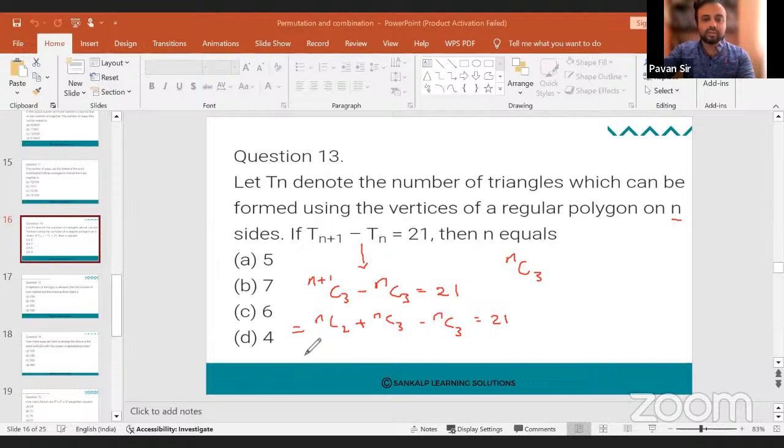So both nC3 terms get cancelled, and we are left with nC2 is 21.